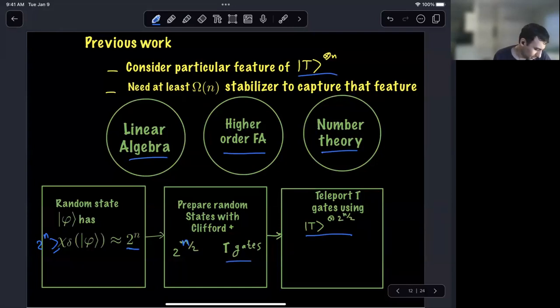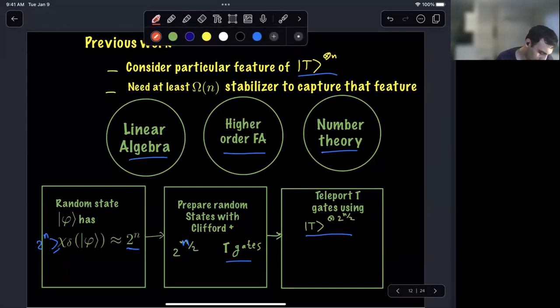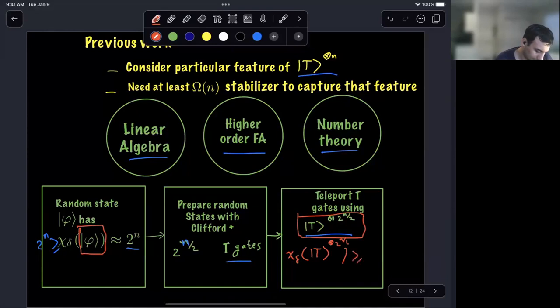And now you can see that if I can relate the stabilizer rank of this state to this state phi, then I have this equation, stabilizer rank of. Suppose I can relate it. I will talk more in detail about the proof, but suppose that I can relate it to the stabilizer rank of this phi.